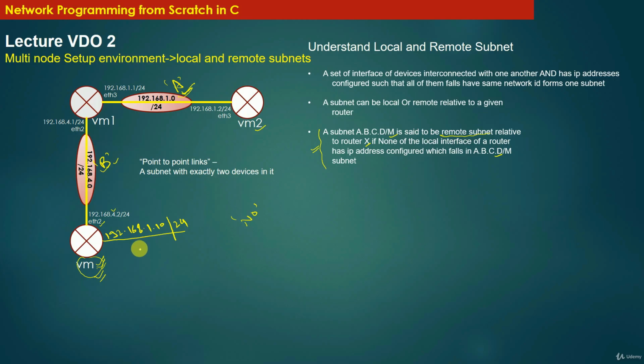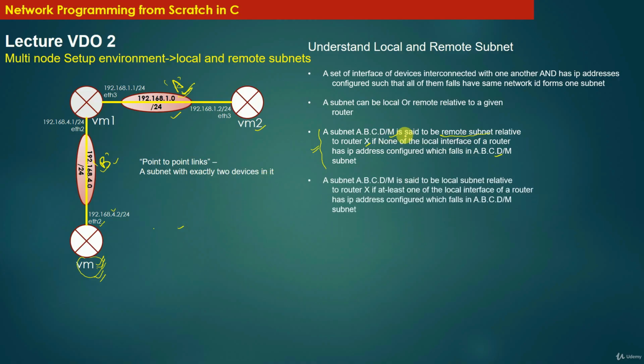The reason is that router VM has at least one local interface on which the IP address and mask value are configured such that applying the mask gives the network ID 192.168.1.0, which is the network ID of subnet A. Therefore, subnet A is now a local subnet to router VM and no more a remote subnet. I hope you understand the definition of remote subnet clearly.